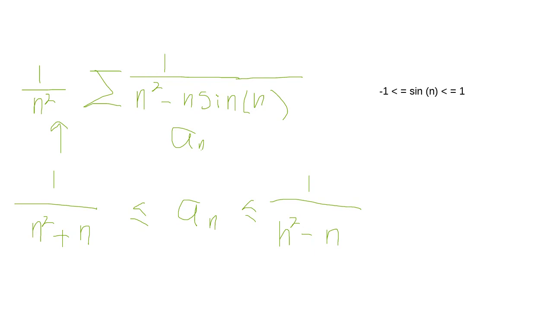So this is always smaller than 1 over n squared. Well, 1 over n squared, we know the series converges, so the smaller one converges. So this lower end is done. If we could prove this one converges as well, then we're done. a_n is bounded in between two convergent series, then we're done. So let's see this one.